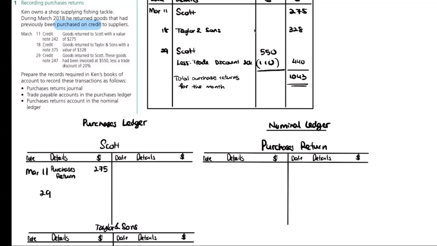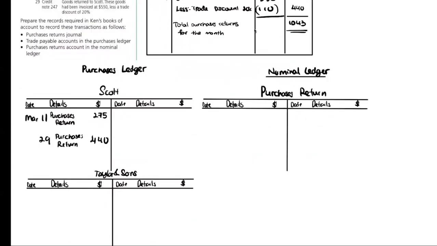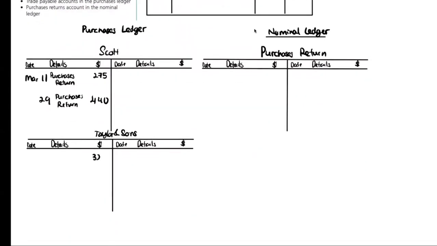And then on March 29, bear in mind we're never writing trade discount inside our ledger. So we're just going to write the net amount, which is 440. And then Taylor and Son, we're just going to write 328, on the 18th, if I'm not mistaken.